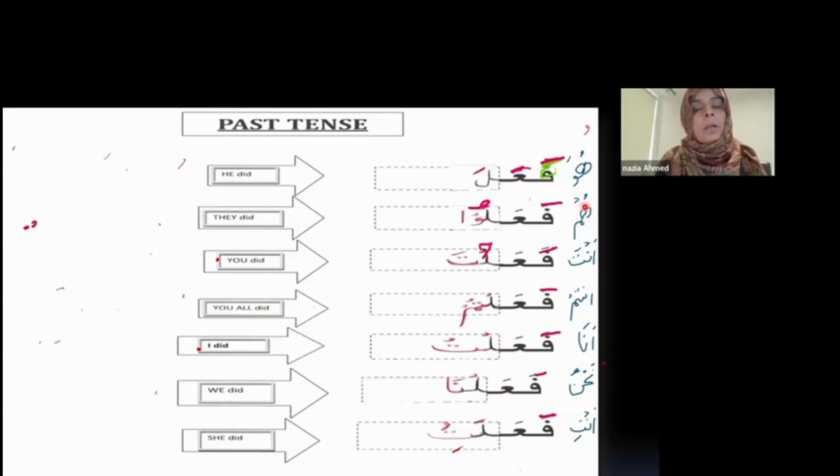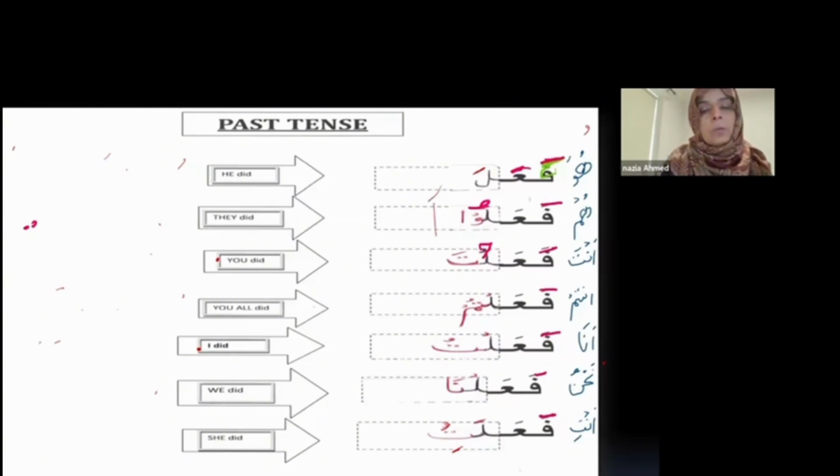Hum, plural. In order to make plural, I'm going to add vowel alif at the end. Because I'm adding vowel alif, its friendship is with Dhamma. Dhamma is going to go there. Fa'alu. Fa'ala, he did. Fa'alu, they did.